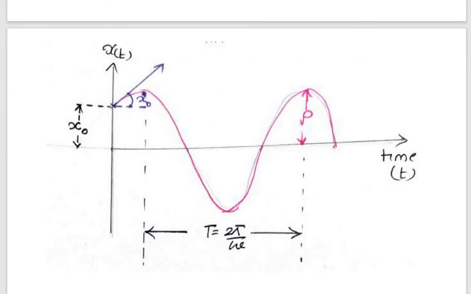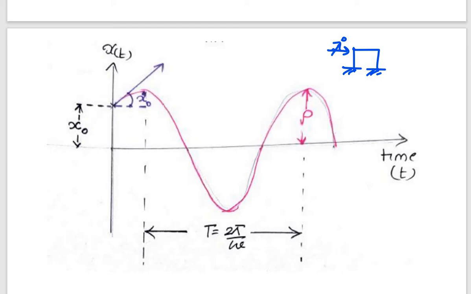This is the representation. Initially there will be a displacement. If I am having a body like this, here it is a free vibration only, so no force is applied. So what is the real application of this? Free vibration means there will be no force.